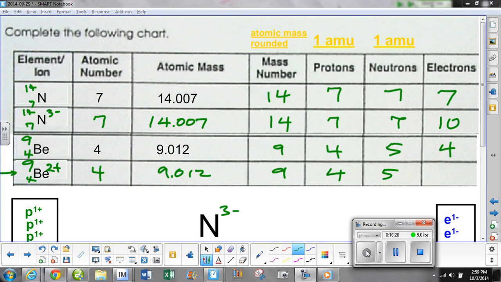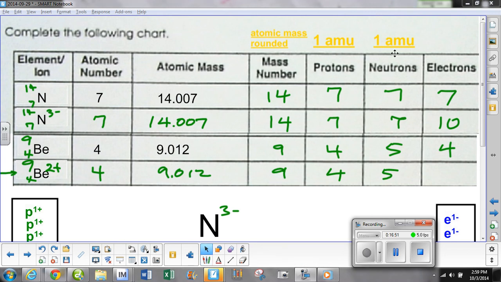Okay, and the last and probably most important number, Anna, what are we going to have for electrons? This is a 2 plus ion, yes. Okay, let's test it out.